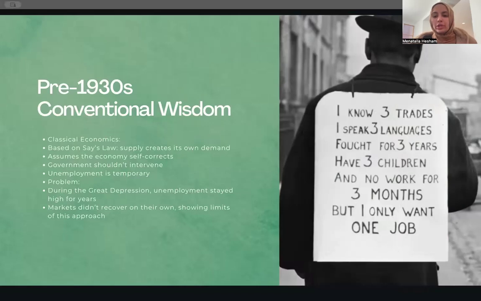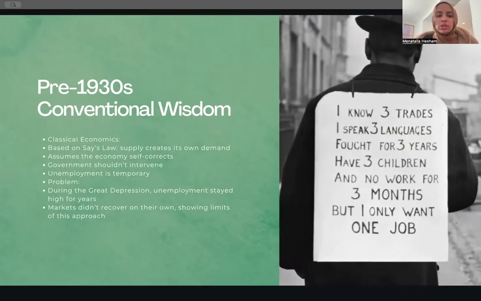So here's the pre-1930s conventional wisdom. Before the 1930s, classical economists believed in what is known as Say's law, which says that supply creates its own demand. According to this view, the economy is self-correcting and government intervention is unnecessary.